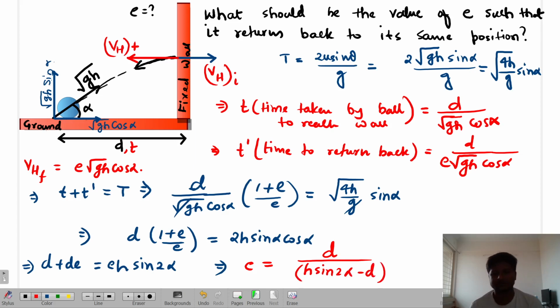Is that clear or not? That's your required e, such that the body will do the collision and then it will return back to its same point.